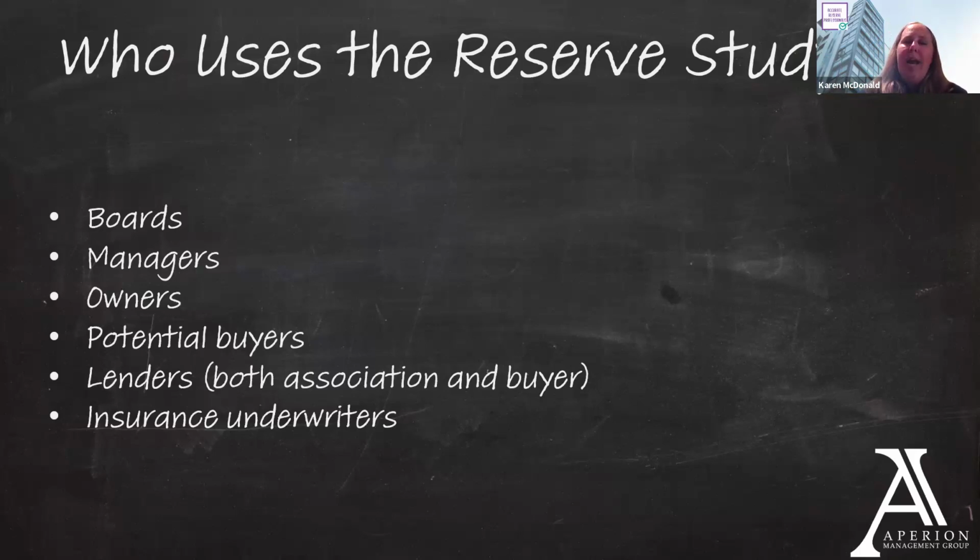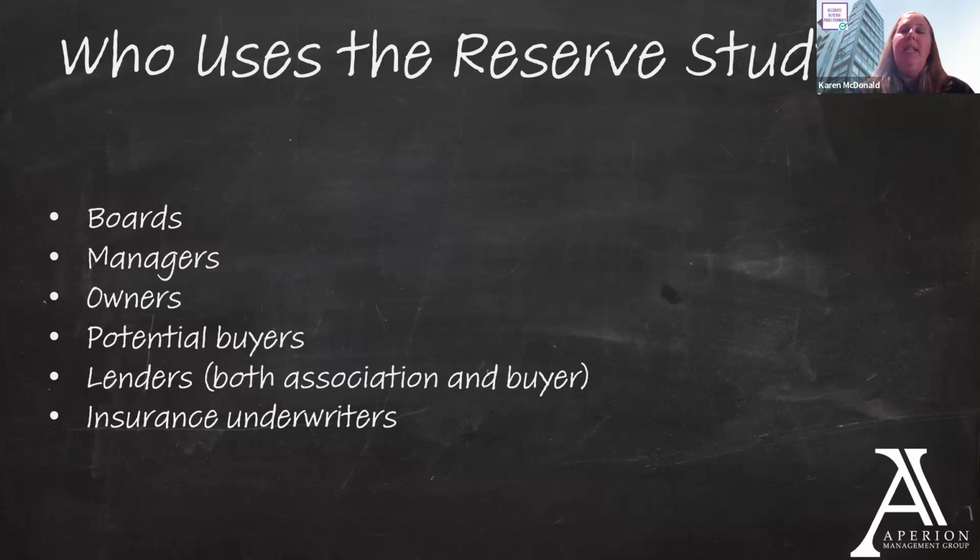The two new areas that we are really seeing pressure from in the market is from lenders, both on the association side and the buyer side. So what I mean there is if your association is underfunded and you need to do a project, there are banks out there that will lend specifically to community associations so you can do your reserve project.